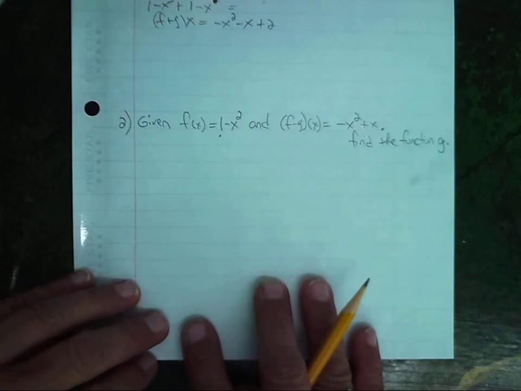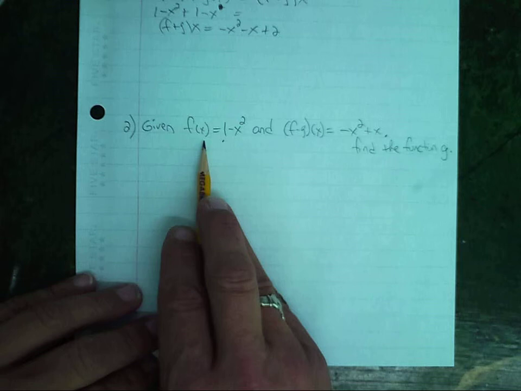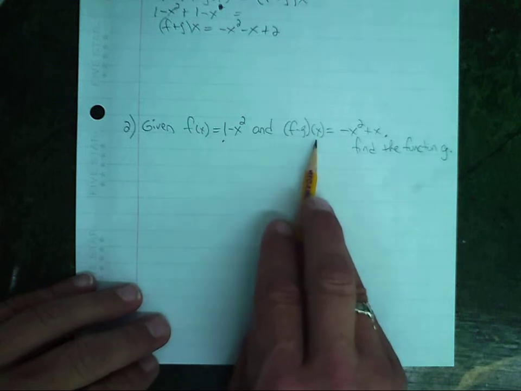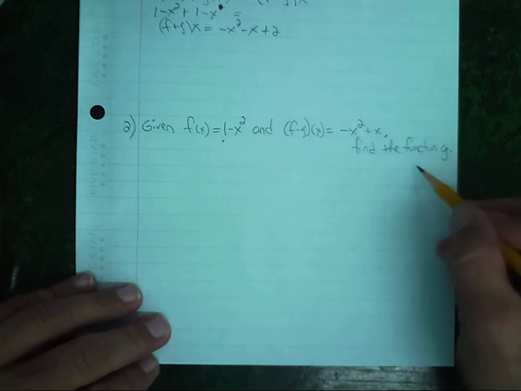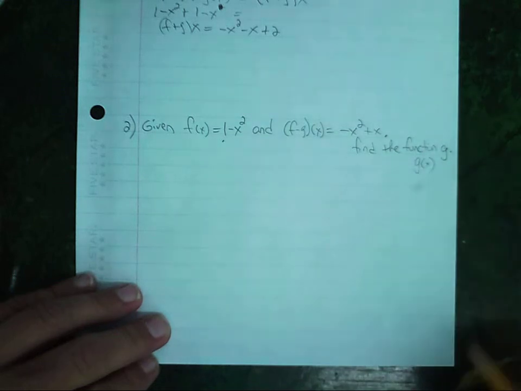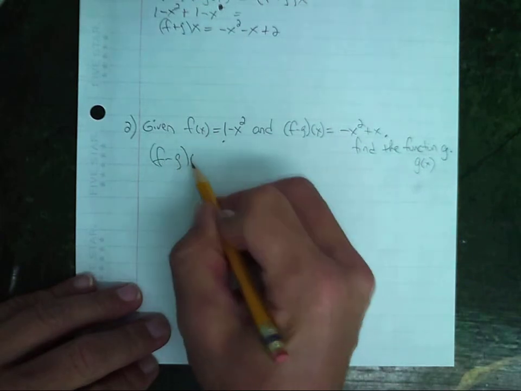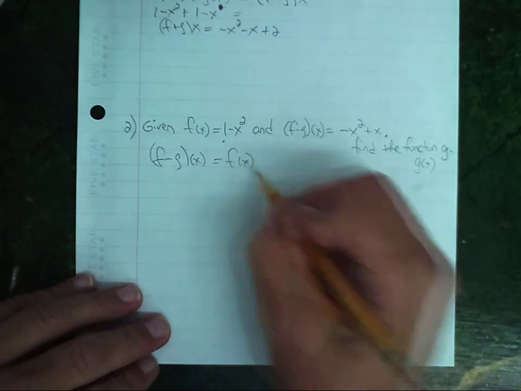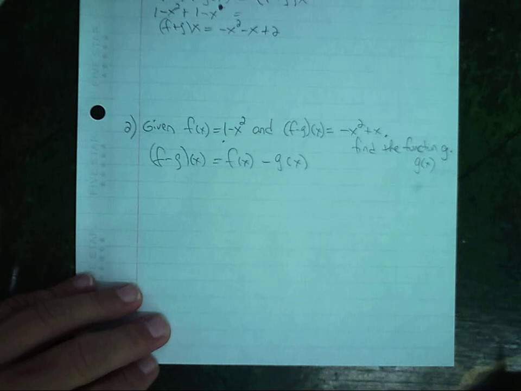In our second question, we have f of x, we have f minus g of x, and it says find the function g. So we're really looking for g of x. Well, f minus g of x would be f of x minus g of x.